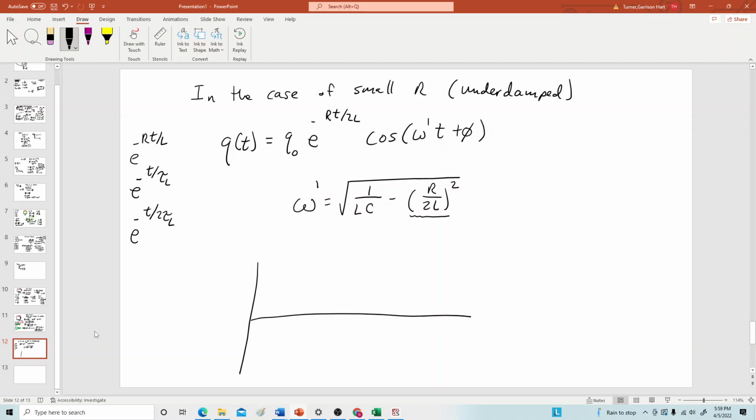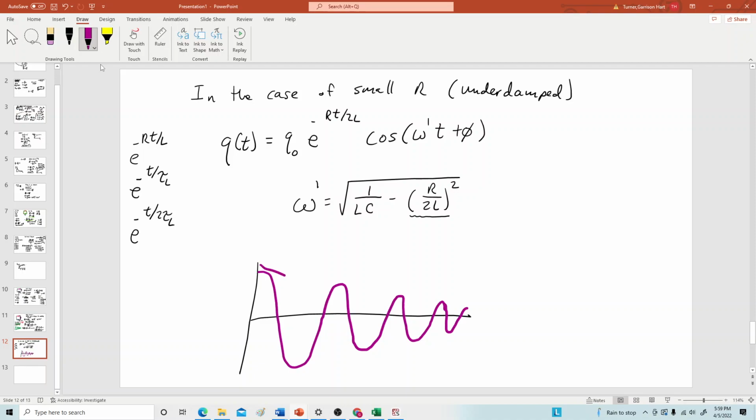Here are my axes, and I'm going to have something like this. Ignore that little blip there.